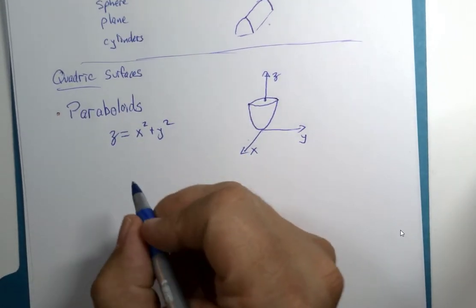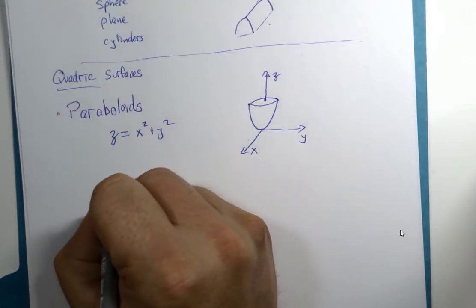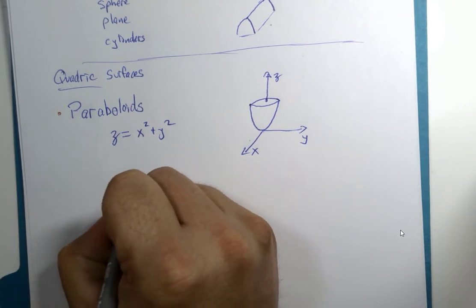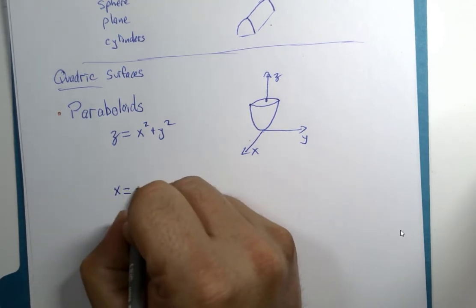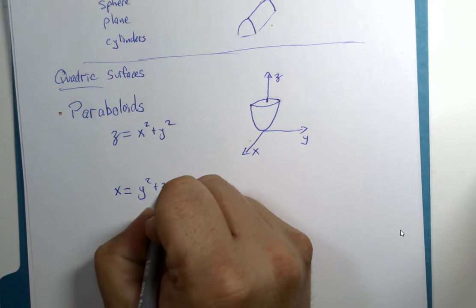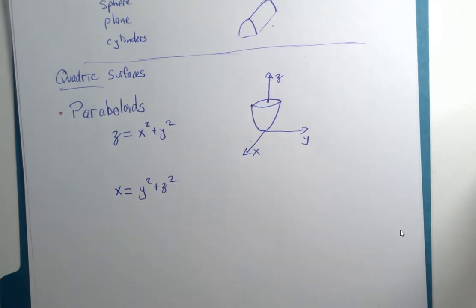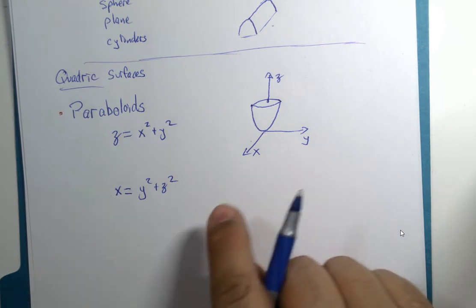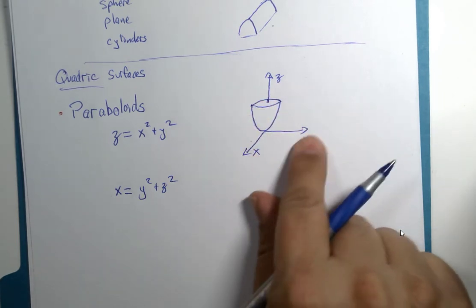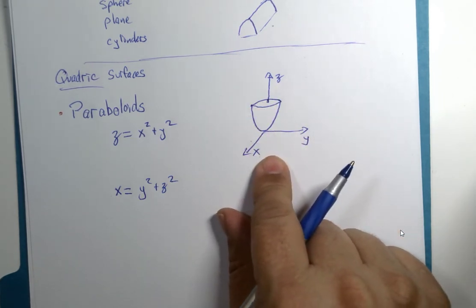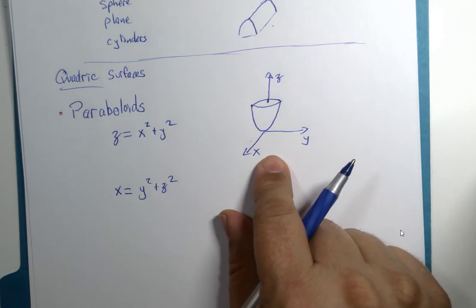If it were of the form, let's say, x equals y squared plus z squared, I also counsel my classroom, don't feel tethered to this standard orientation of the axes if you're asked to draw it yourself.